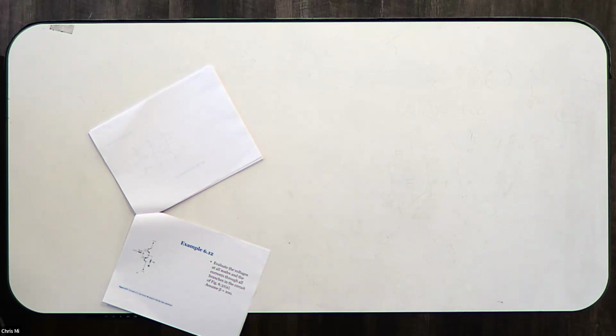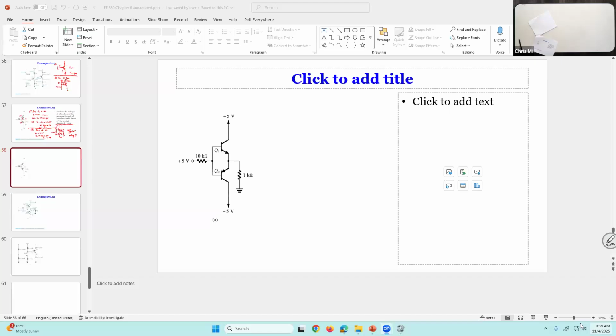Okay, it works again. But hold on, let me do one more thing. Group sharing. Okay, so looks like we got it back.